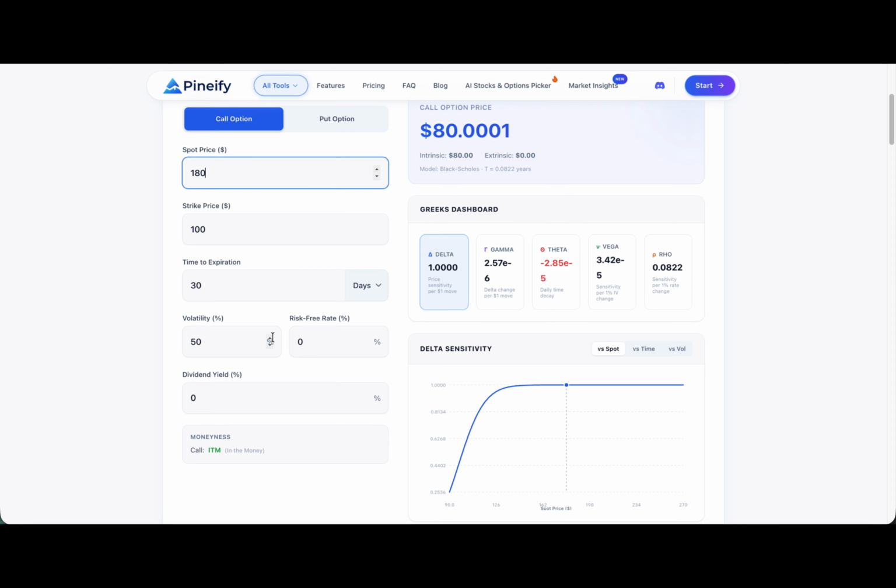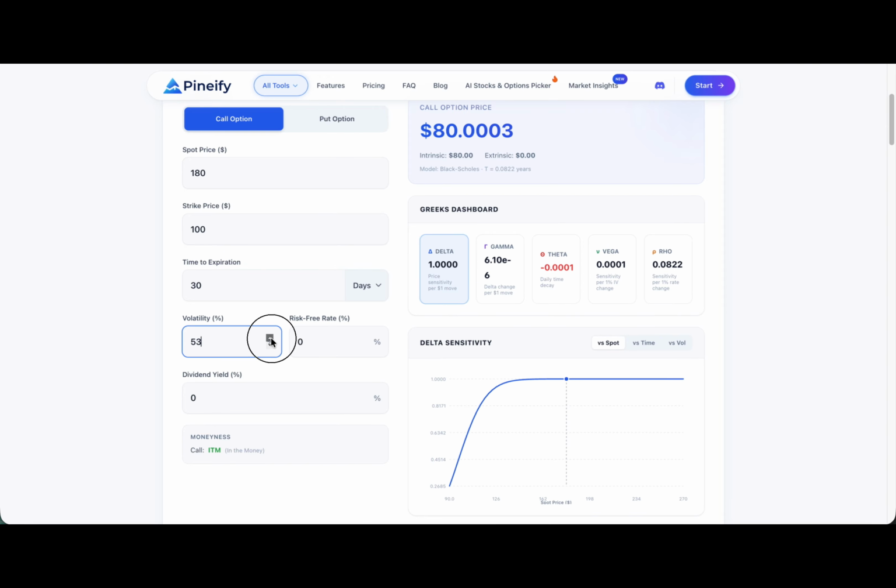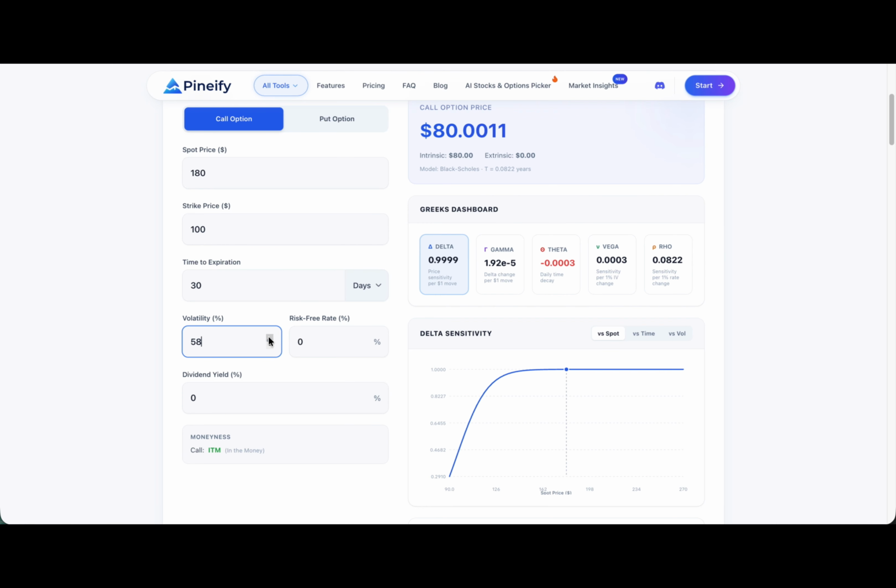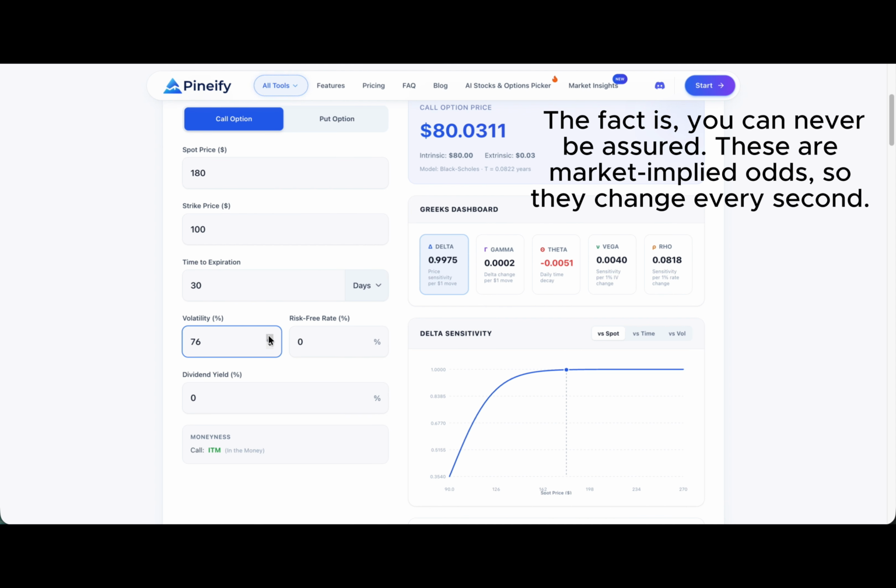And so if we now crank up the volatility further, you'll start to see that at this point, with a volatility of 54%, from this point onwards, even being 80% above the strike, the delta is no longer enough to be completely assured that the option will remain in the money, all right?